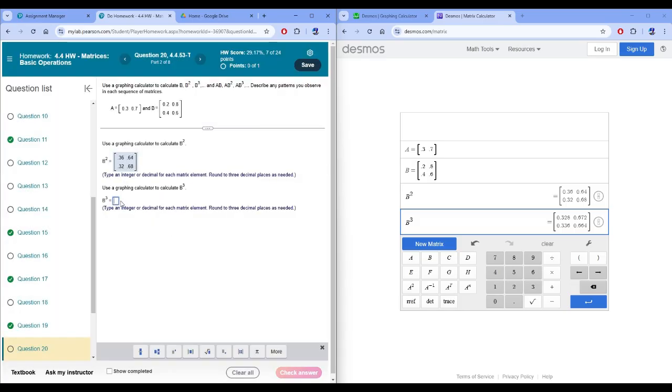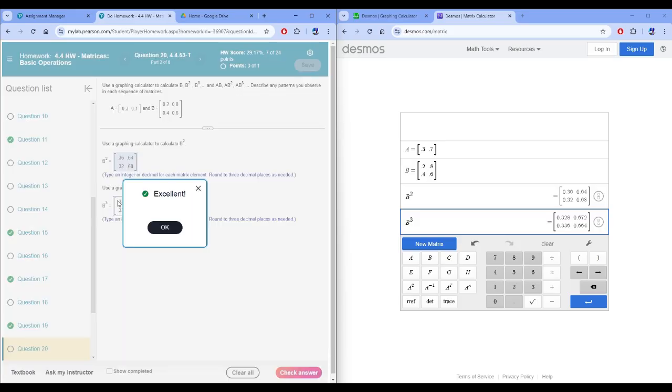B to the third, 0.328. Oh, dang it, I have to put matrix. 2 by 2, 0.328, 0.672, 0.336, 0.664. Cool.